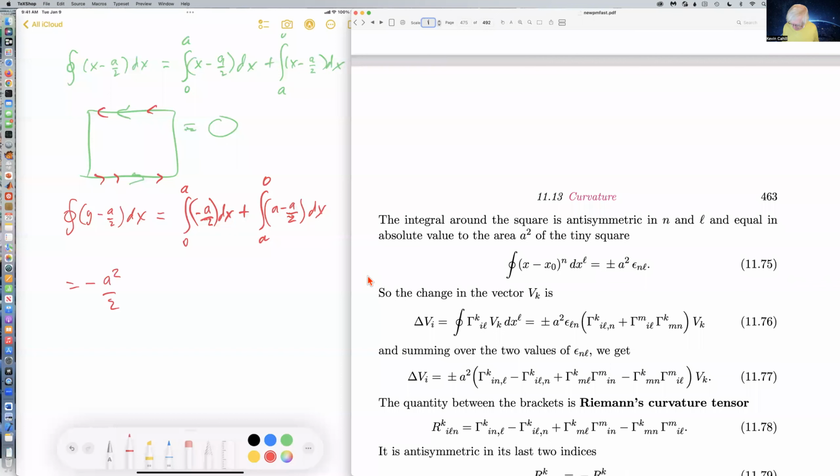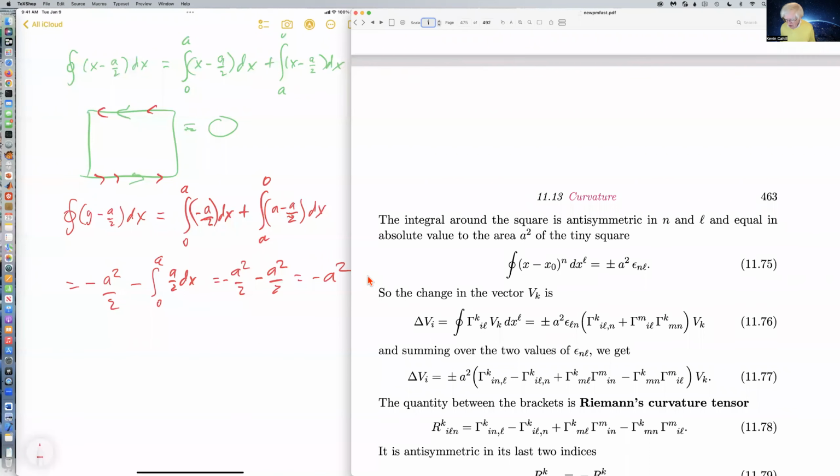The second one is going to be minus the integral 0 to a of a minus a over 2, which is just a over 2. And so this is a squared over 2 minus a squared over 2 minus a squared.